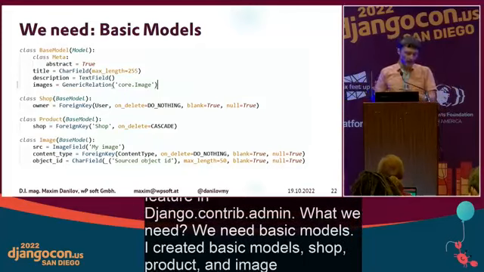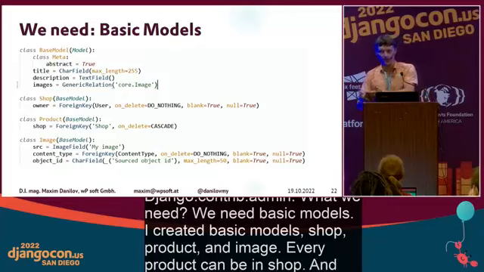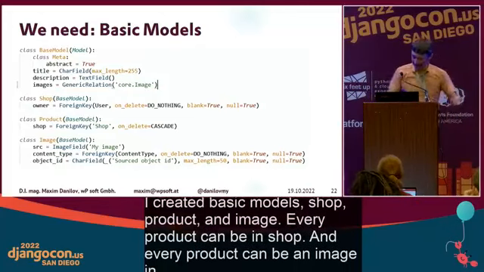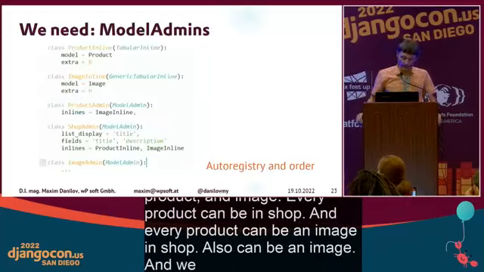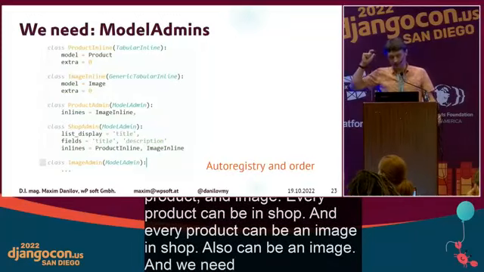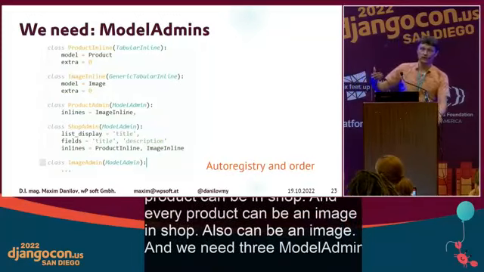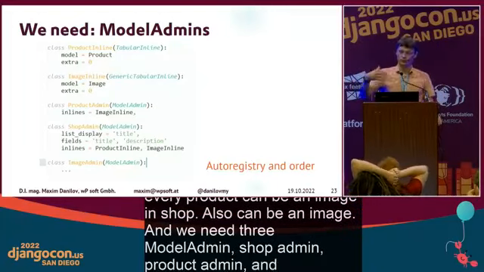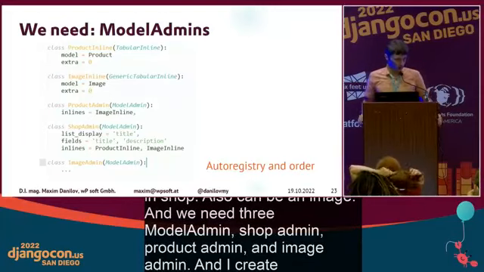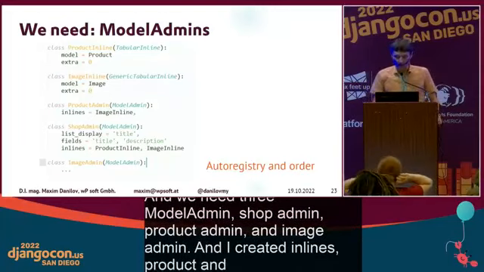In every product there can be an image. In a shop there can also be an image. And we need 3 model admins: shop admin, product admin, image admin, and I also created 2 inlines: image inline and product inline, to show in the shop admin form.